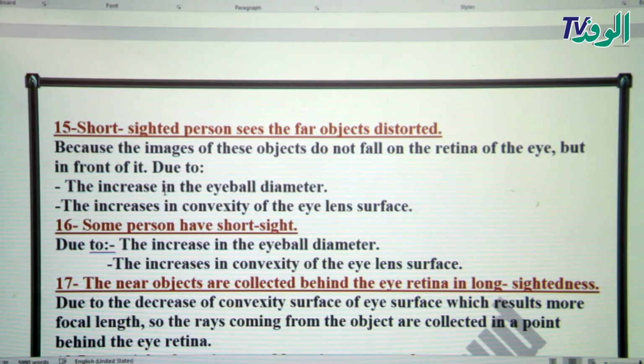Let's move on to short and long sightedness, starting with short sightedness. A short-sighted person sees far objects distorted. Why?